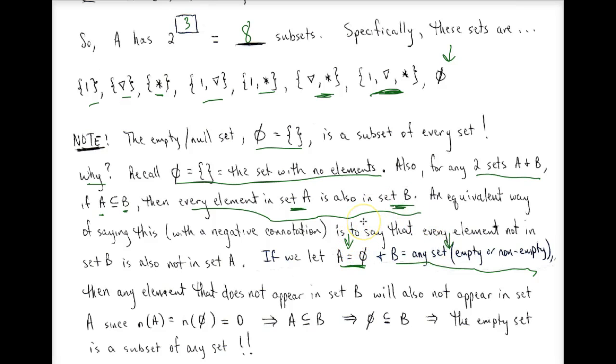Okay, and so contrapositively, we see that situation where you have B being anything and A being the null set.